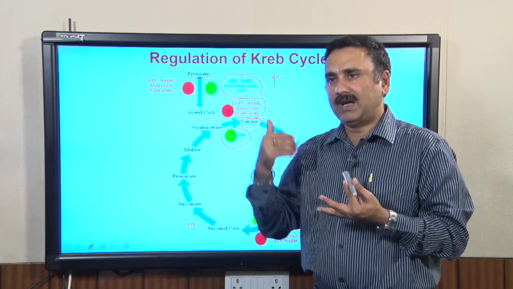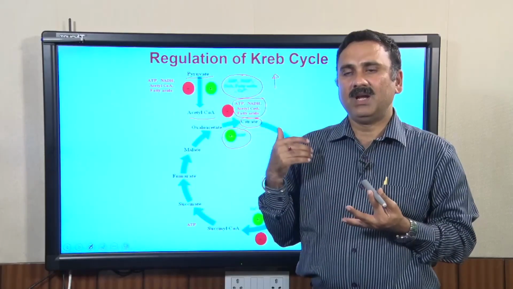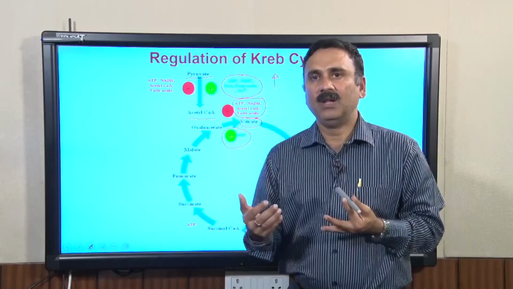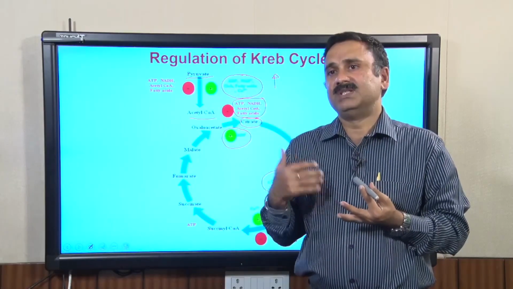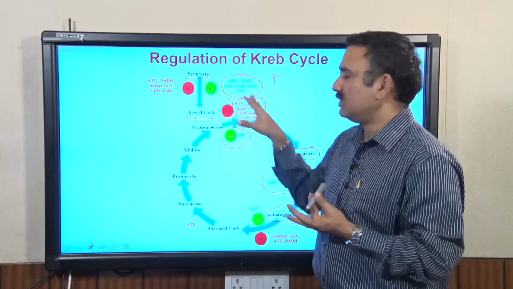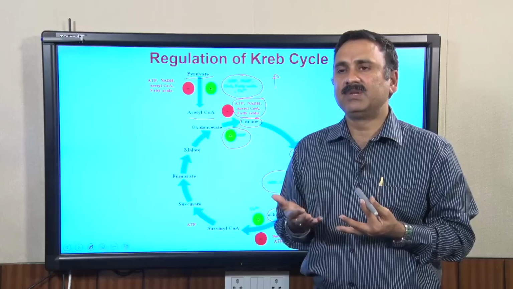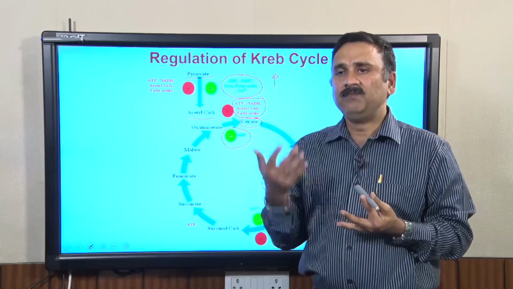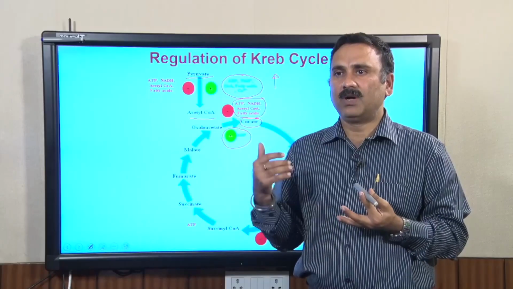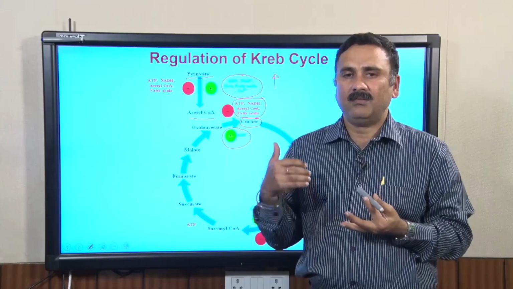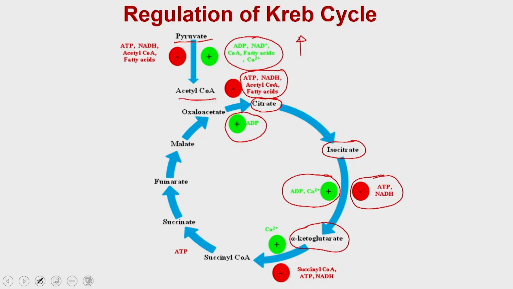But if there is a large quantity of NAD, or a large quantity of ADP in the cytosol, which signifies that the cell is in a low energy state, then that will upregulate the activities of different enzymes, and that is how it enhances the different reactions, and that is how you are going to see more Krebs cycle running.